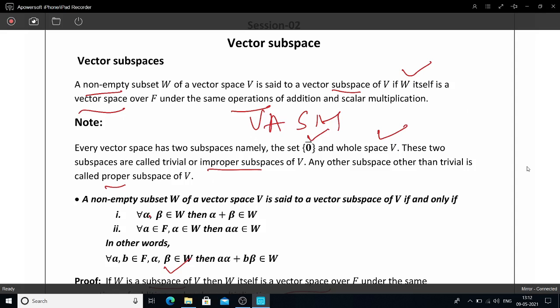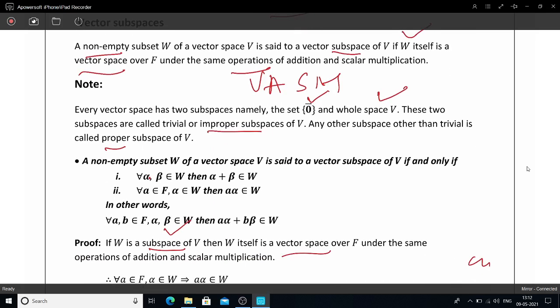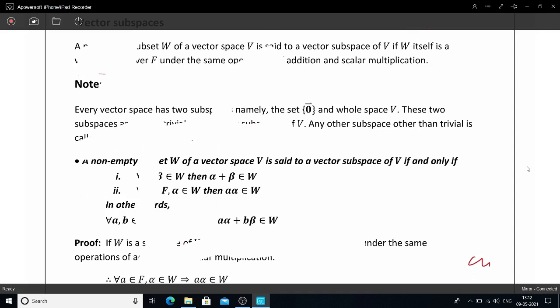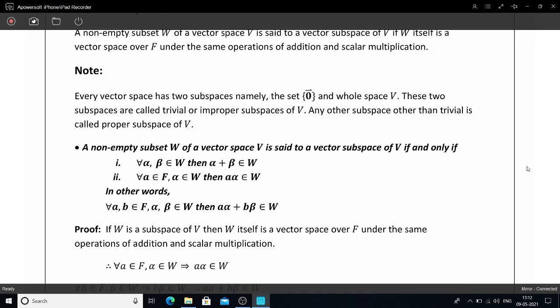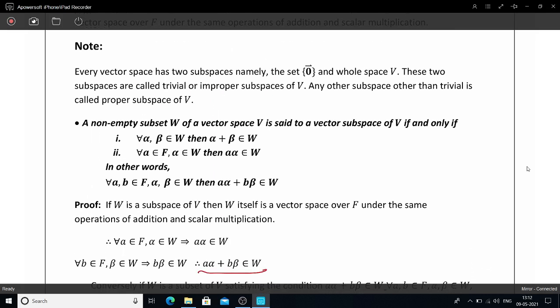Now the important result, that is the necessary and sufficient condition theorem for a subspace. A non-empty subset W of a vector space V is said to be a vector subspace if and only if it satisfies two conditions, that is the vector addition condition and the scalar multiplication condition.